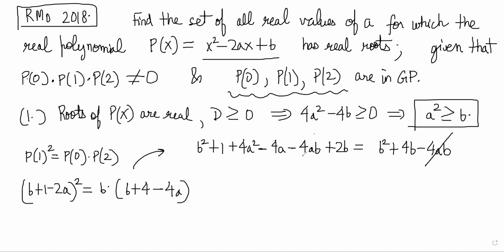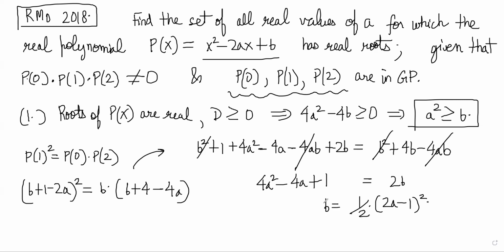So minus 4ab gets cancelled here, b square gets cancelled, and you end up getting 2b is equal to 4a square minus 4a plus 1, or b is equal to 1 by 2 of (2a minus 1) whole square. This is what we are getting here. b is equal to 1 over 2 of (2a minus 1) whole square.